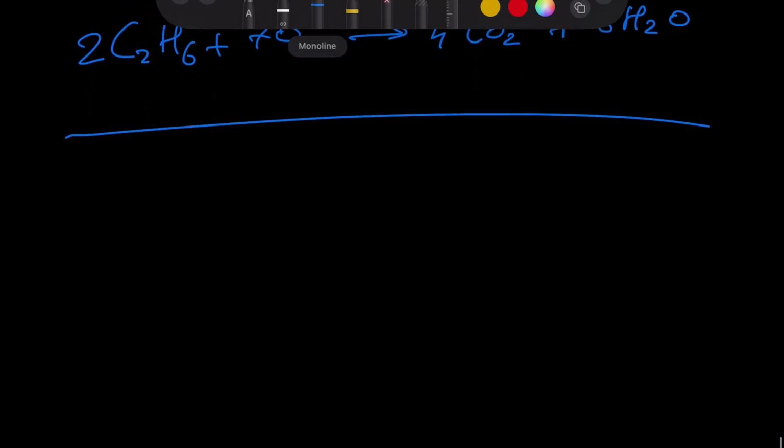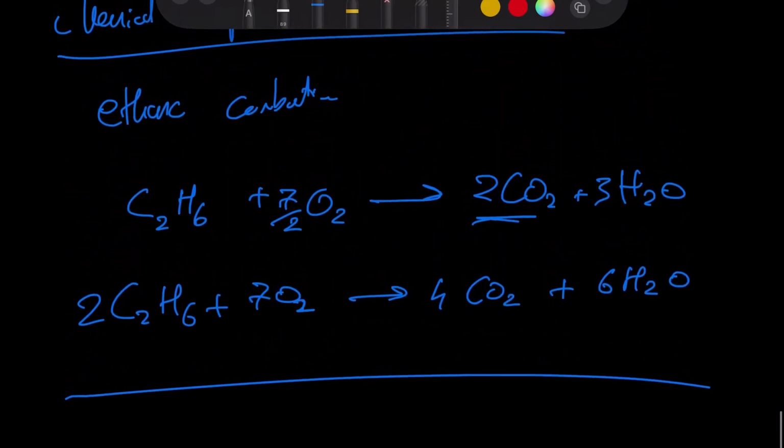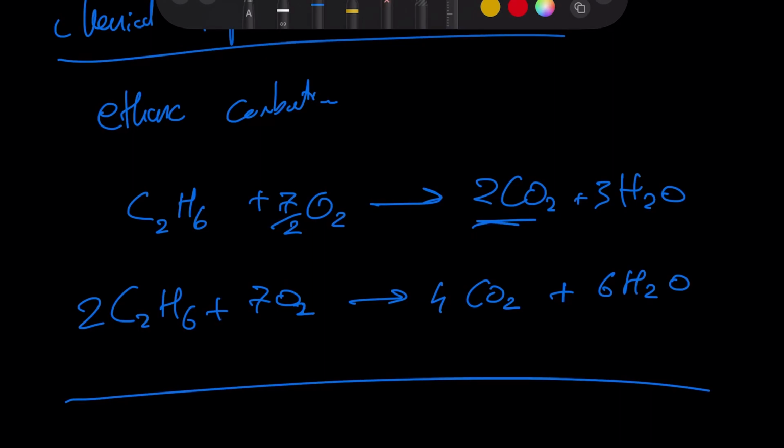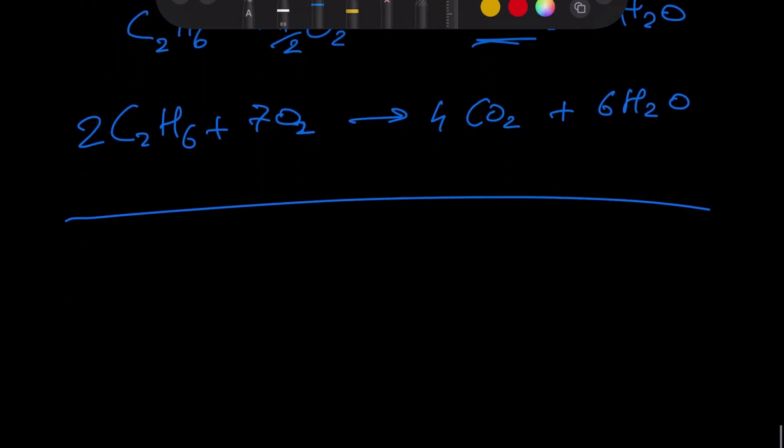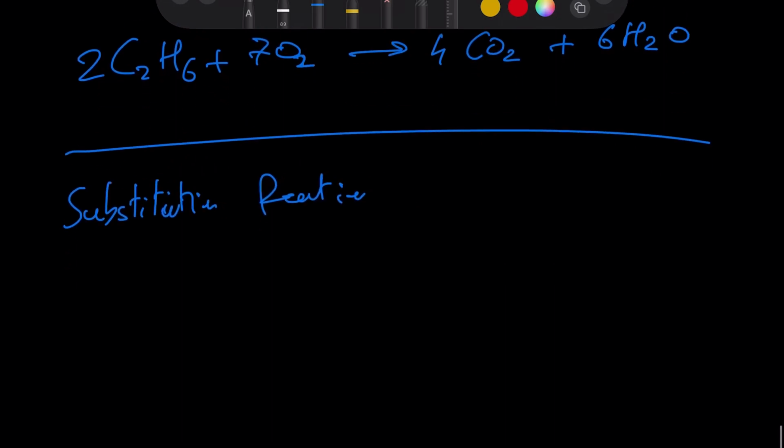So this is the first chemical reaction for alkanes. They burn in oxygen. Another important chemical reaction is called substitution reaction. Take methane. We get a chlorine molecule and react it with methane. What will happen?